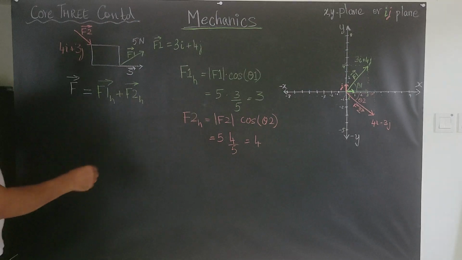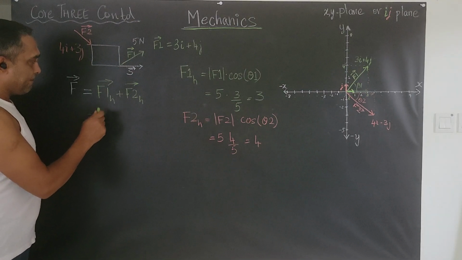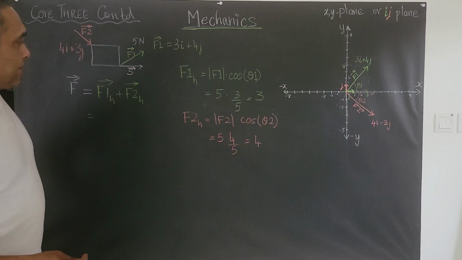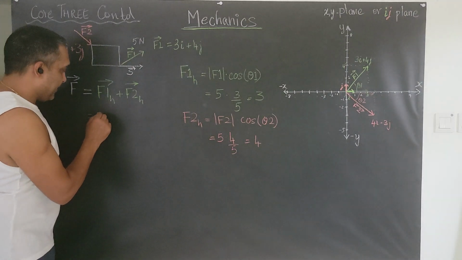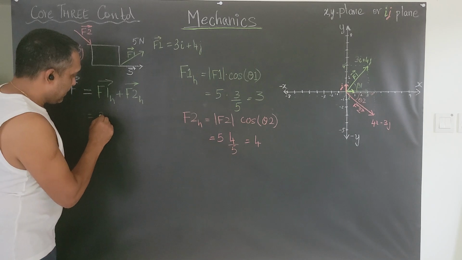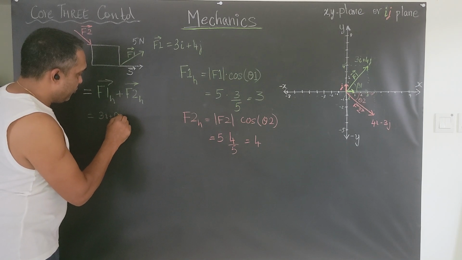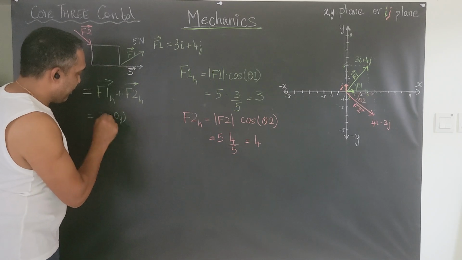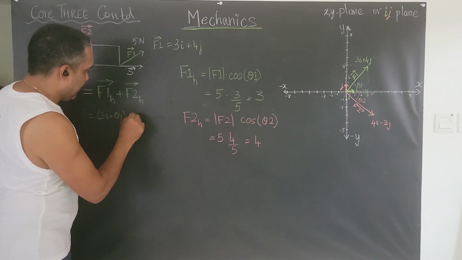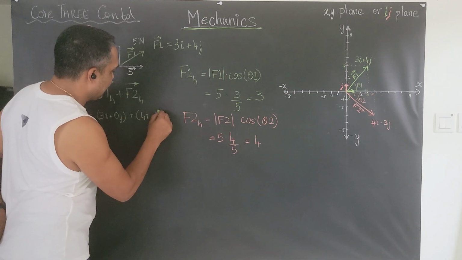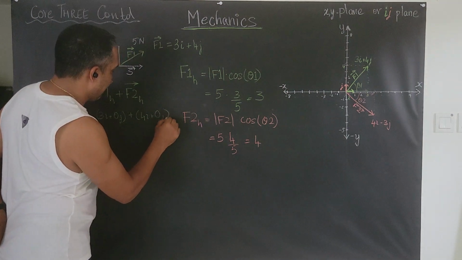So adding these two vectors would just mean adding their magnitudes. Well, this vector would be represented as 3i plus 0j, remember it's horizontal, plus 4i plus 0j.